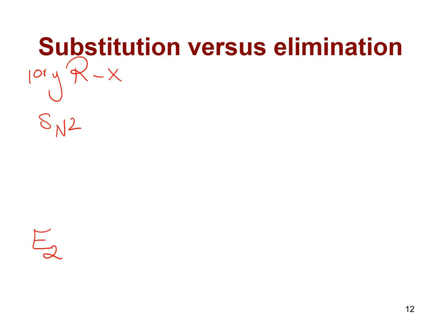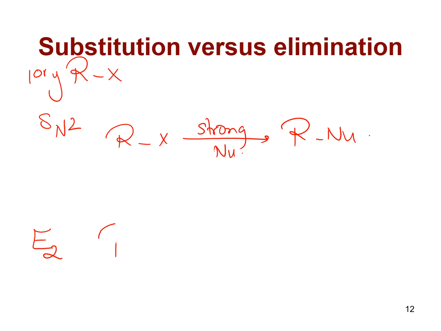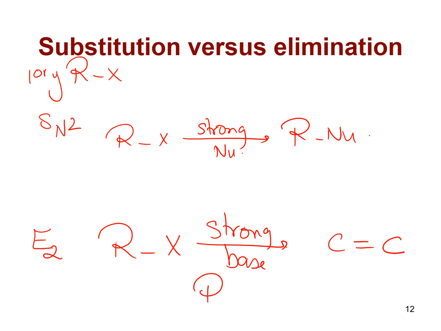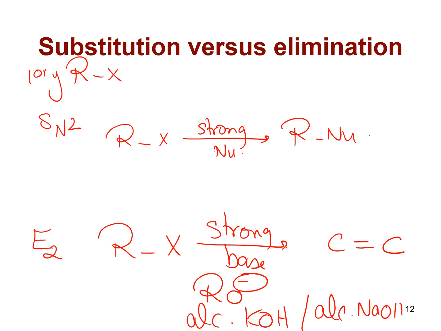It proceeds through the SN2 mechanism when it reacts with a strong nucleophile, and it proceeds through an E2 mechanism if it reacts with a strong base. Examples of a strong base are the alkoxides and the alcoholic potassium hydroxide or alcoholic sodium hydroxide. This is when you think of an E2 mechanism.